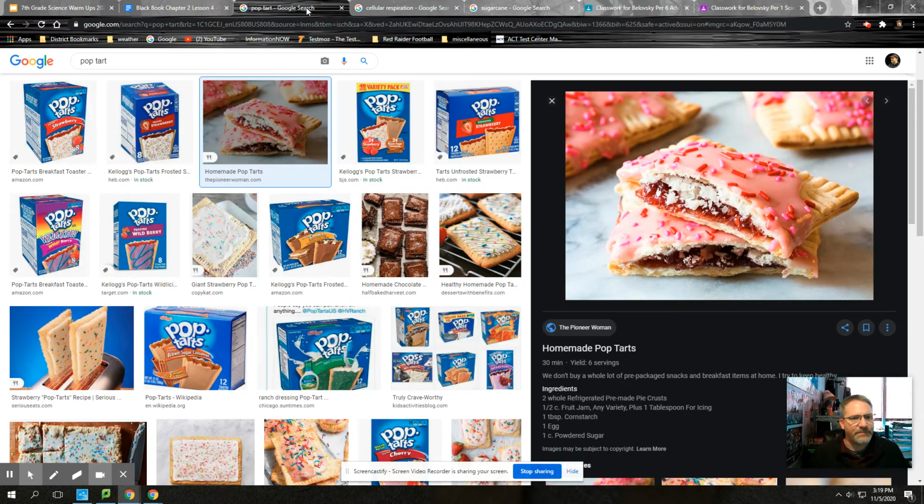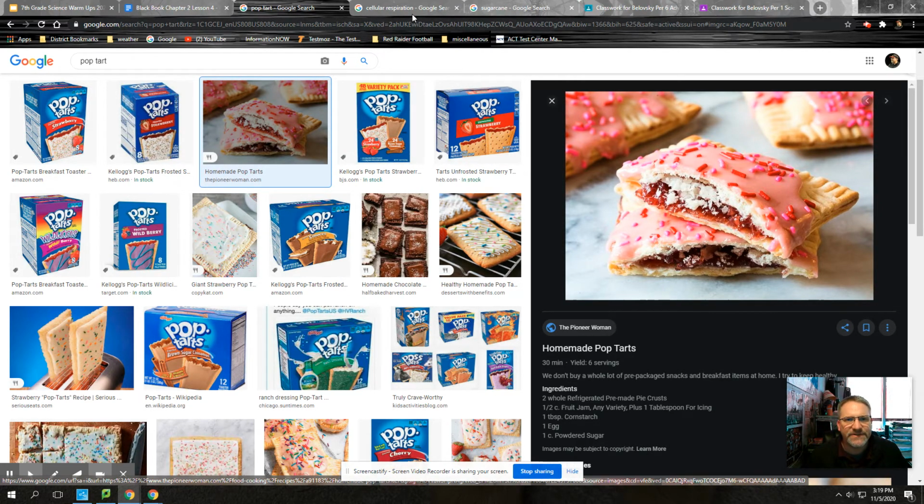Let's say, for example, in the mornings, you eat a Pop-Tart. I got Pop-Tarts loaded across here. The Pop-Tart is full of sugar. The breading has sugar, the icing has sugar, the filling in the middle has sugar.